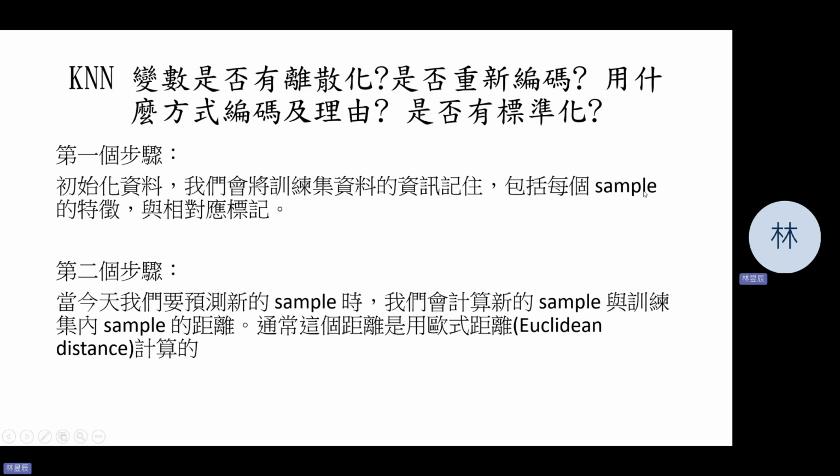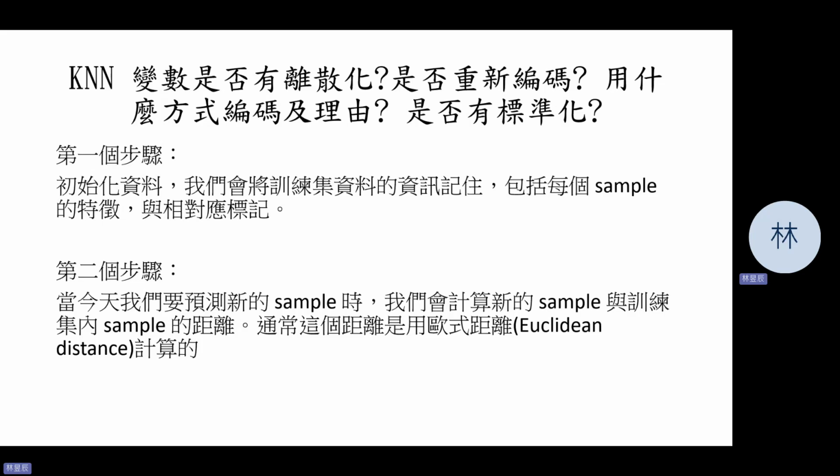And the KNN. The first step is to initialize the data. We will remember the information of the training set data, including the characteristics of each sample and the corresponding label.